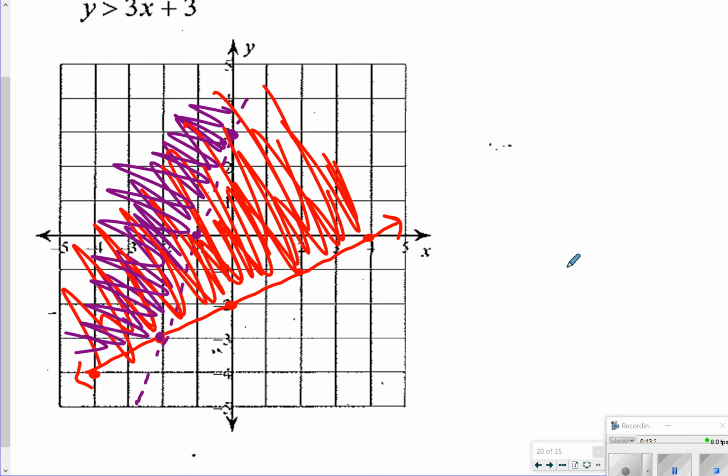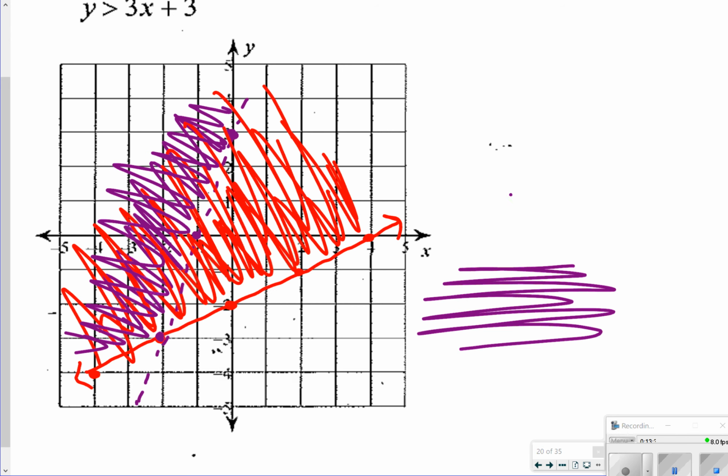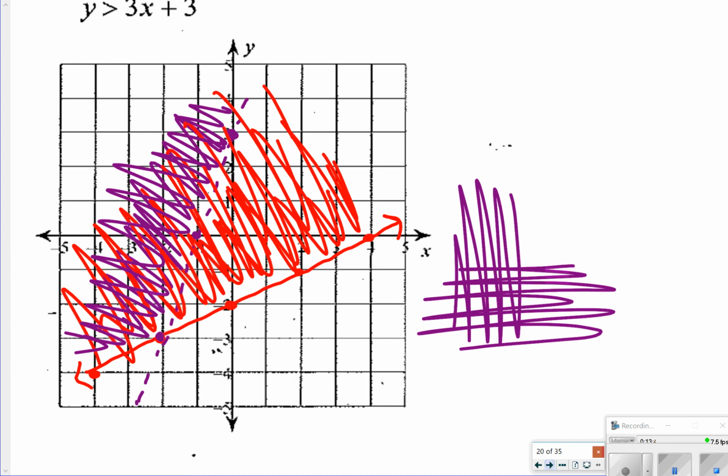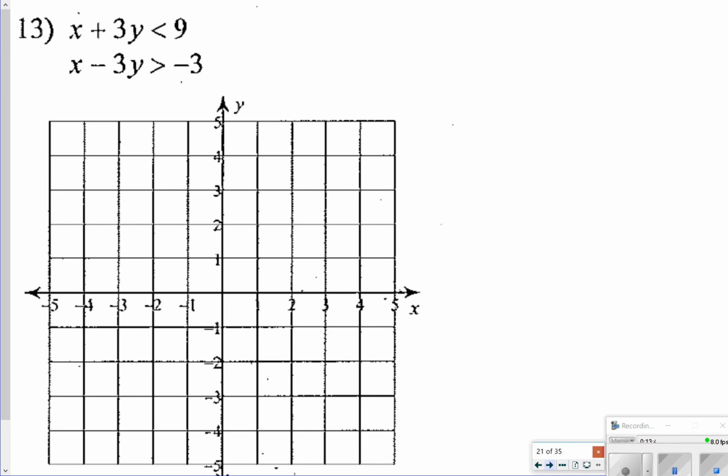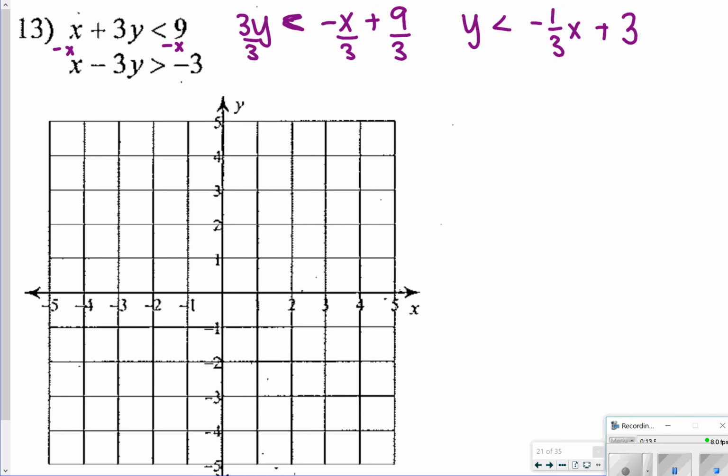Sometimes people like to shade, if you have one color, you can shade like this for one way, and then you can shade like this for another way, so you can only see where it crosses over. I'll show that in this one right here. So this one would be, again, helpful to write in slope-intercept form, so let's go ahead and practice that with the first one. So the first one we'll get y is less than -1/3 x plus 3.